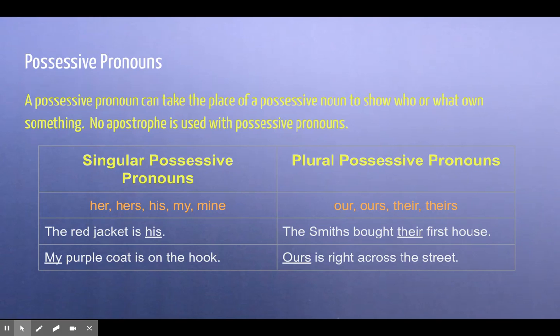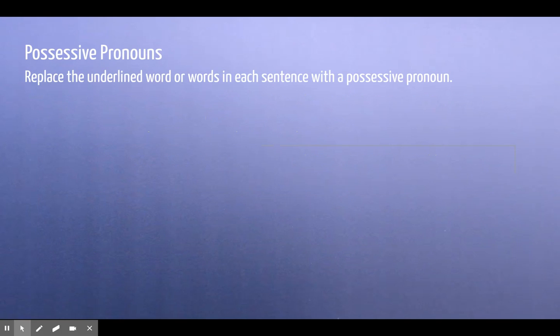So the Smiths is being replaced by their, and it is their house, so we are showing possession. Ours is right across the street. So it's talking about our house, more than one person, and it is right across the street. So our is showing possession.